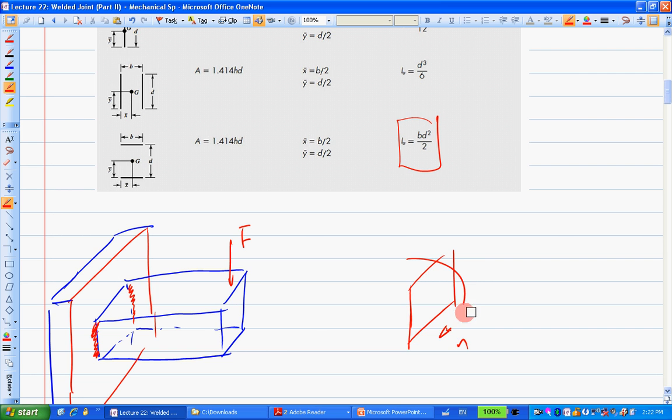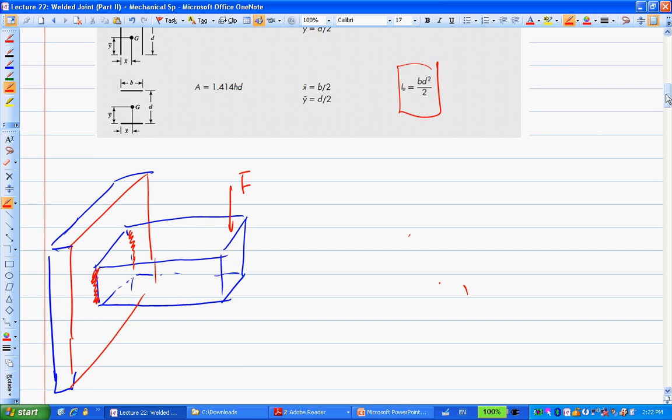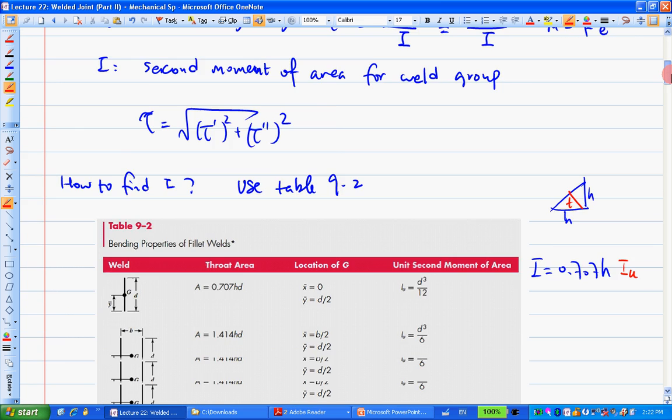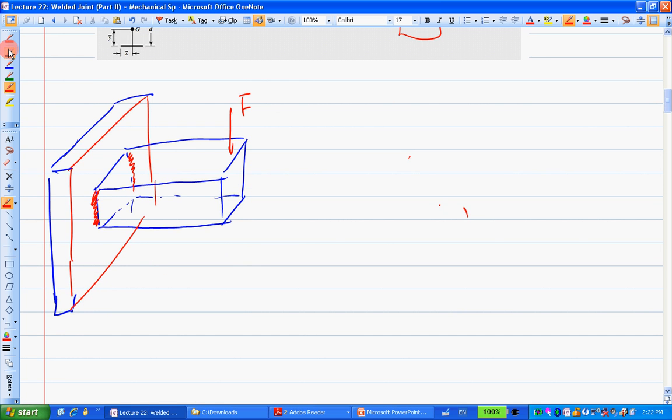So in this case, like what I drew here, where's the weld? The weld is actually here, here, here, and here. So this is the geometry, and this is the F here.